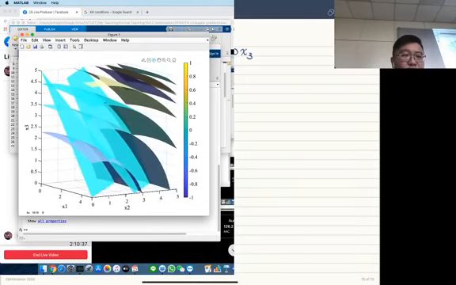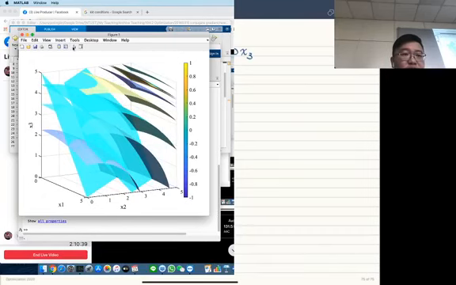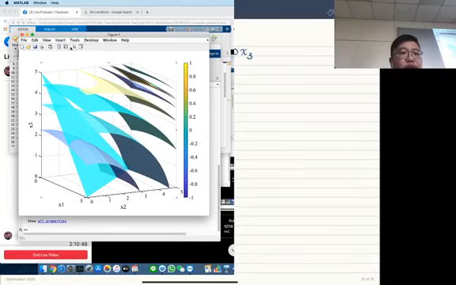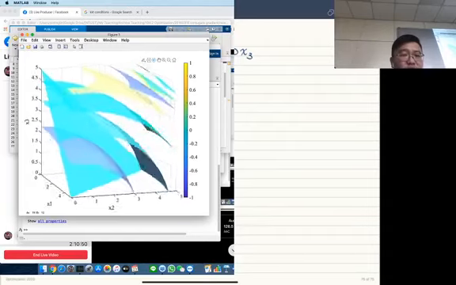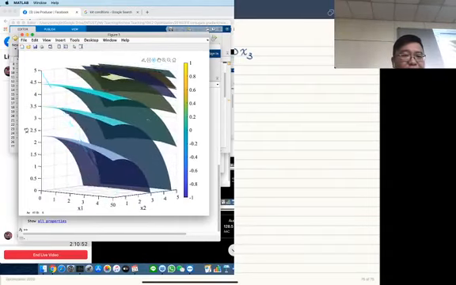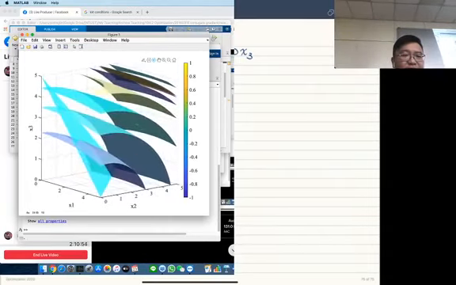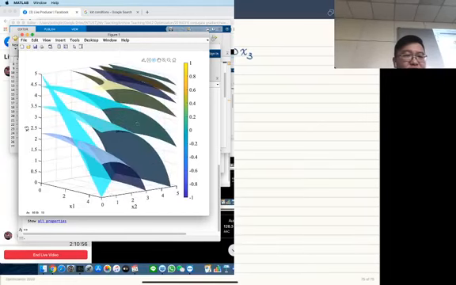Ah, that's the one. So get rid of this one. So that was the one I wanted to draw. So I have a plane cutting from these points.